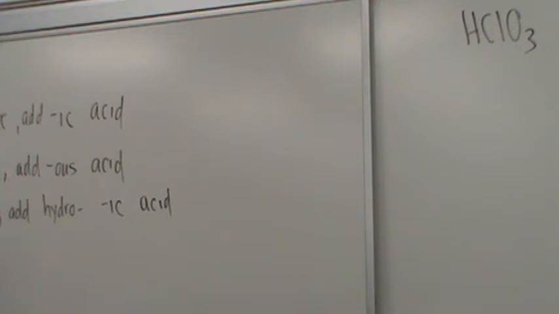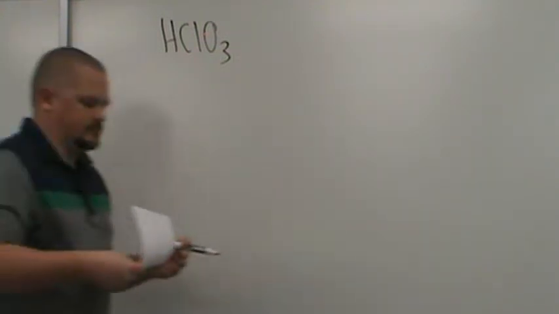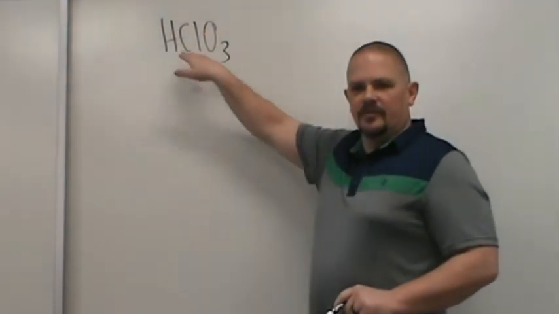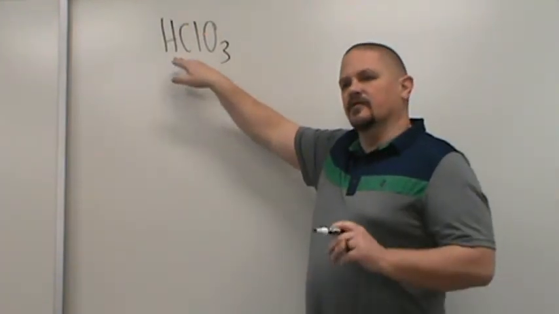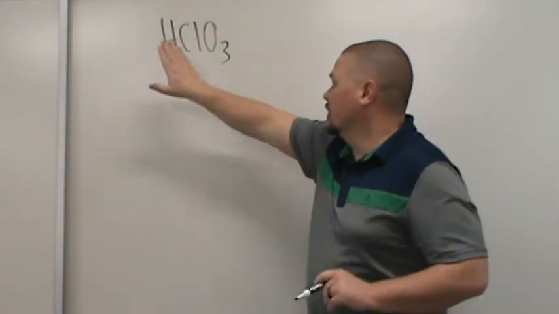Okay, so, trying to figure out the name of the acid. Here's our first example. Like I said, acids usually start with hydrogen. So to figure out the anion, we're going to cover up the hydrogen.